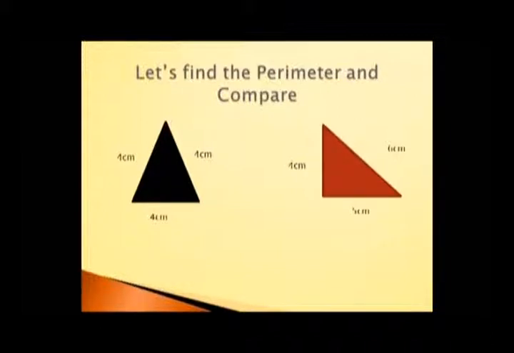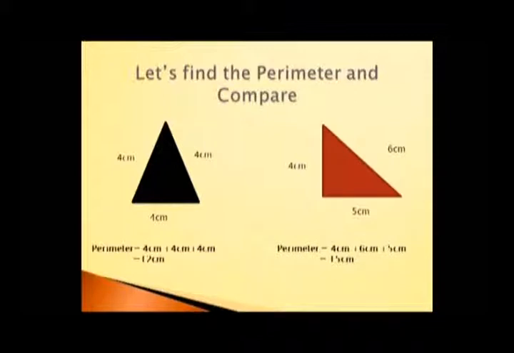Now let's check to see. The first triangle, the perimeter is 12 centimeters. The second triangle, the perimeter is 15 centimeters. Which is longer? The second triangle, it measures 15 centimeters. Now, to find the difference, to compare, to see which is longer and by how much, we're going to subtract.